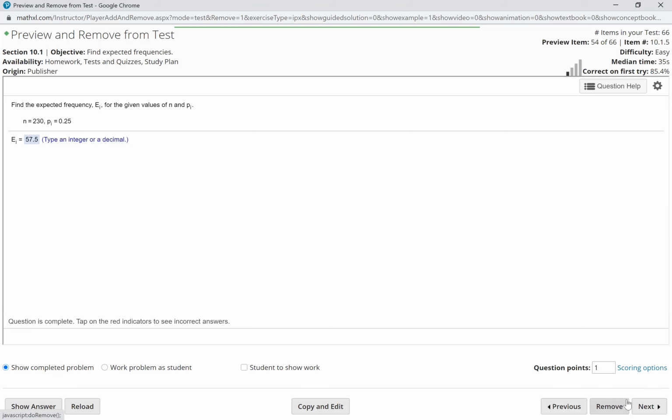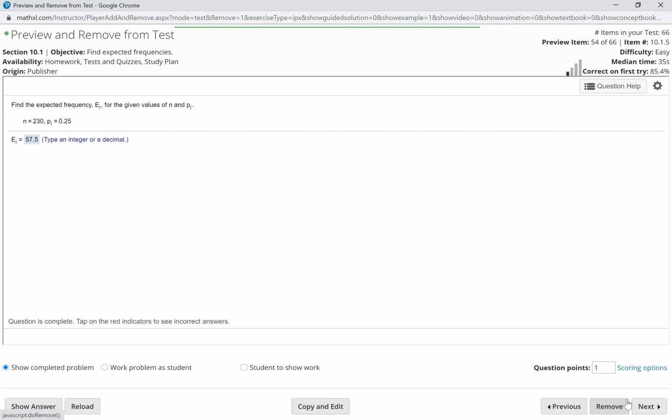Now, chapter 10, guys. There will be questions from chapter 10. As I told you, there will be at least 2 questions from chapter 10. There are 3 sections, so you should expect at least 2 questions from there. Find the expected frequency for a given value of n and p.